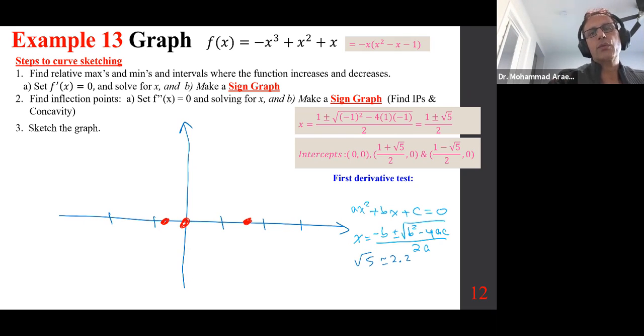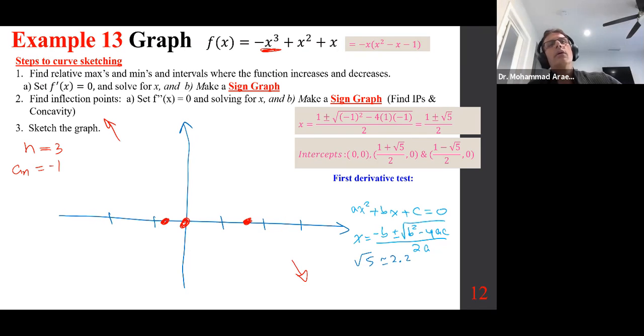f of x starts with minus x cubed. So what does it mean? n is 3. a sub n is negative 1. Those are the end behaviors.